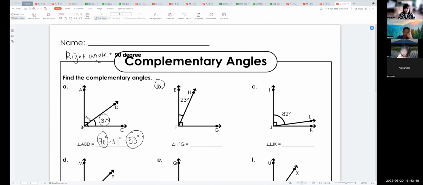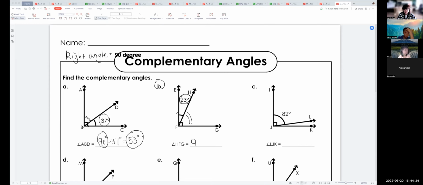Let's take a look at number B. We have EFH and HFG. There are two angles, and we know together they equal 90. This one is 23 degrees. What does this angle equal? 67 degrees.